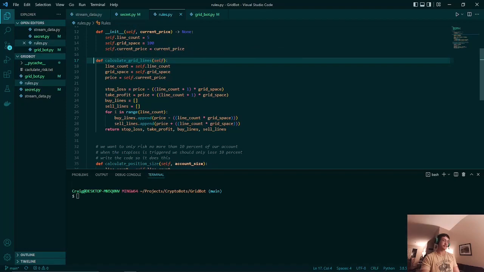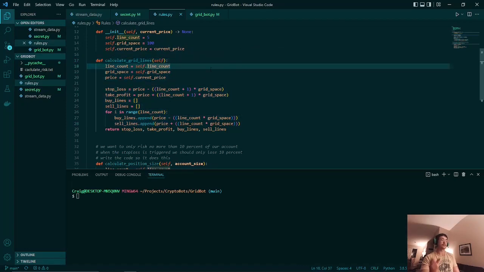Our next method is calculate grid lines. This will be used to essentially set up our grid lines. We have our stop loss level and take profit, which are the first things being calculated. We'll set up the line count and our grid space.